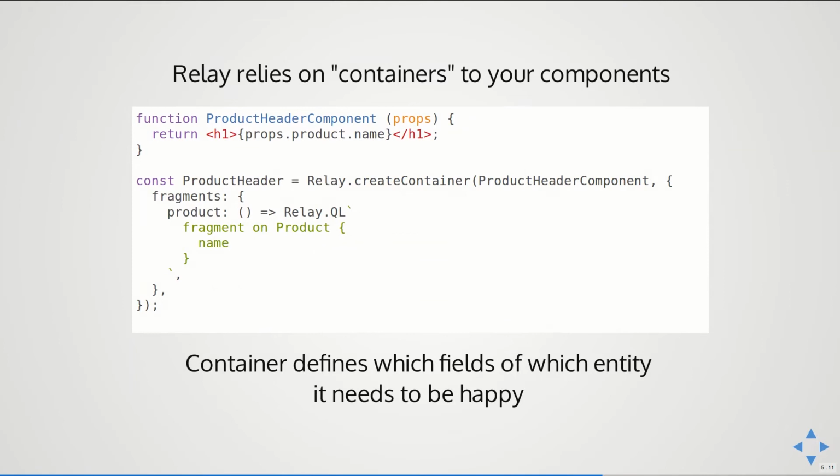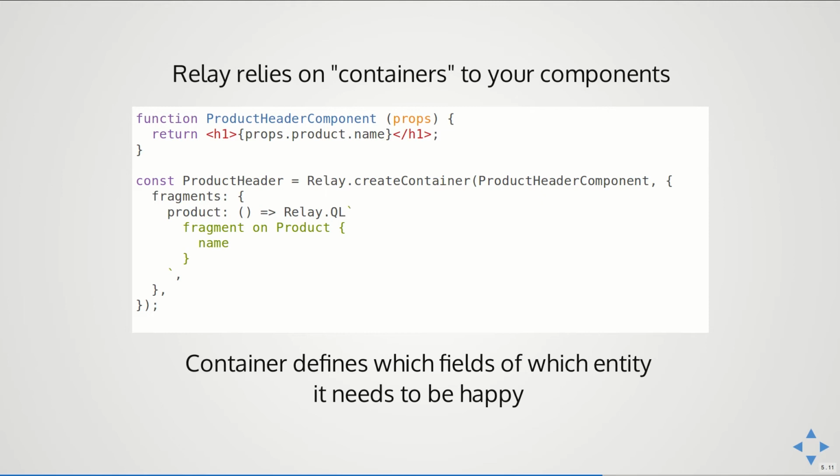And that's because Relay relies on something called containers that wrap your components. This is something like a definition of what data a component needs in order to be happy and be able to display whatever it wants to display. So we have a product header component which displays the name. We can define for this particular component that it will need a fragment, which is another concept of GraphQL.